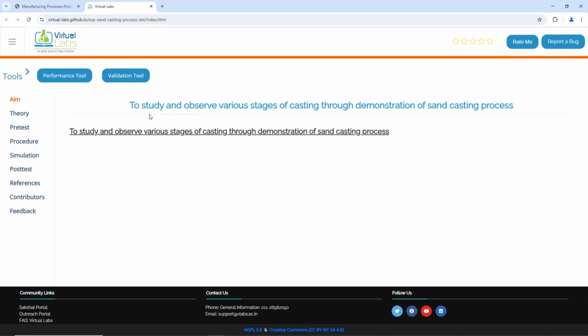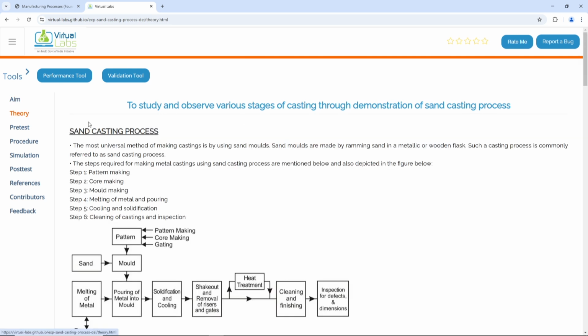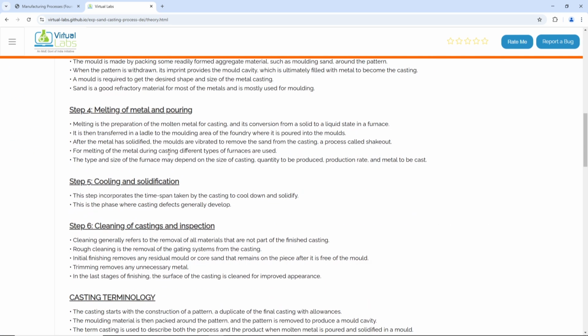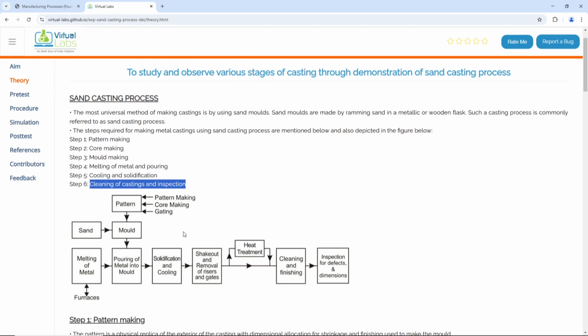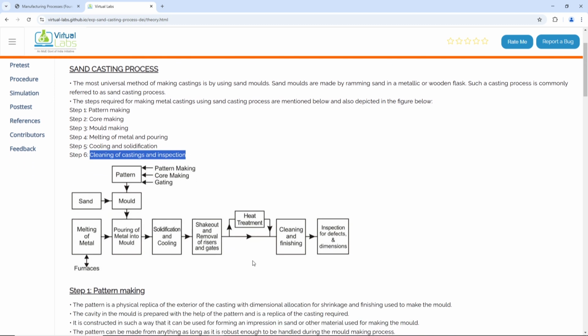Aim: to study and observe various stages of casting through demonstration of sand casting processes. First part is theory, you will see here. The complete theory of the sand casting process is given here, with different steps such as pattern making, core making, mold making, melting, cooling, solidification, and cleaning of casting. Each step is also represented here through a block diagram.